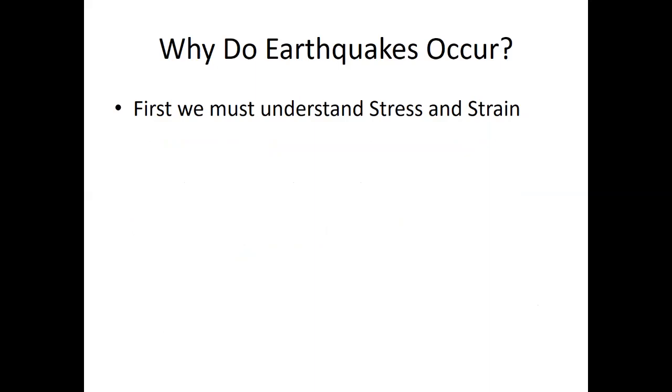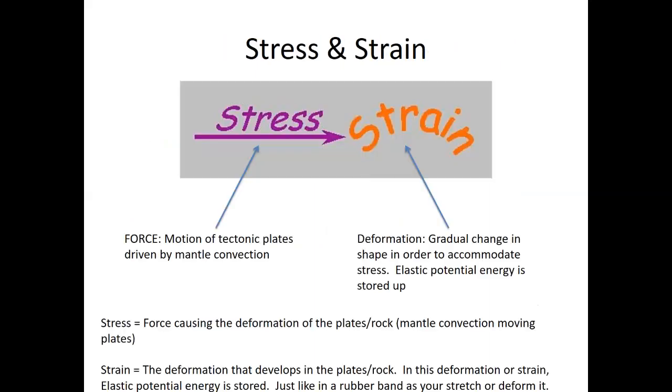So why do earthquakes occur? Well, first we must understand the concepts of stress and strain. So stress and strain go together. Stress causes strain. So a stress is force. It's a force that acts on something. In the case of earthquakes, the force is the motion of the tectonic plates that are being driven by mantle convection.